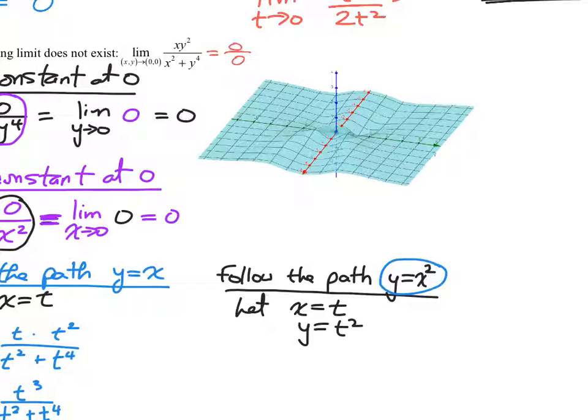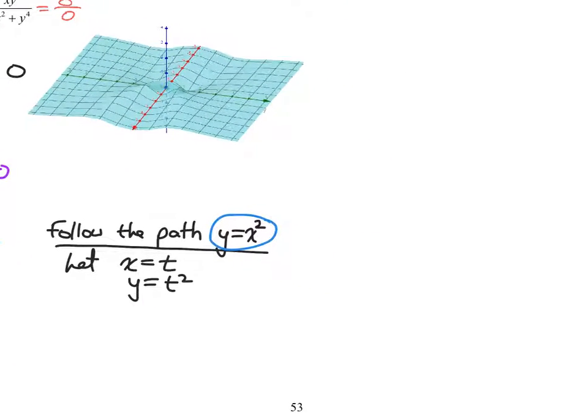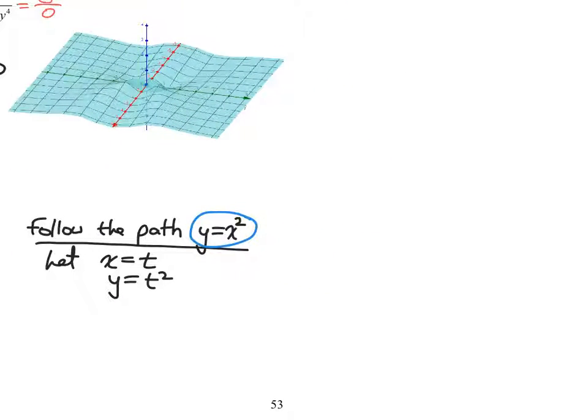All right. Now, another possibility, because I chose a parabolic pathway: who's to say it's y equals x squared? Maybe it's x equals y squared.